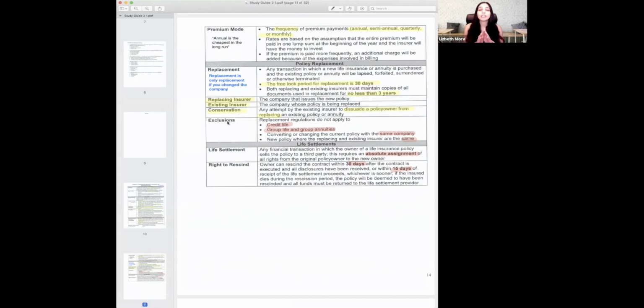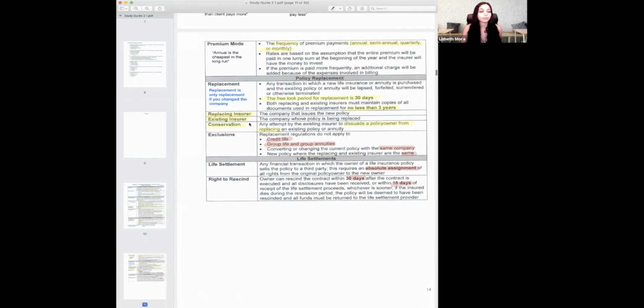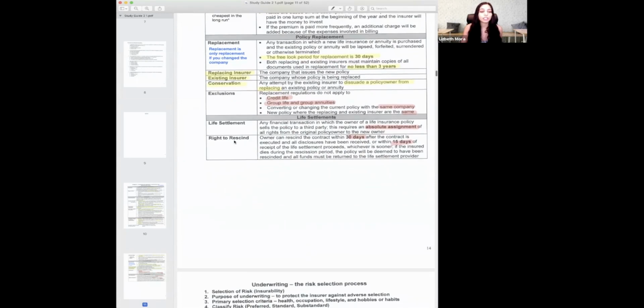Exclusions, these are things not considered replacement: credit life, group life, anything that says same company. If it says same company, automatically you know that's not replacement. The next two, life settlement. Life settlement goes into more detail in chapter 5.